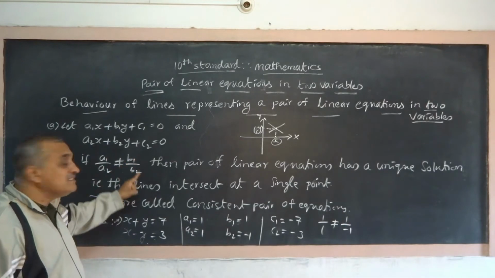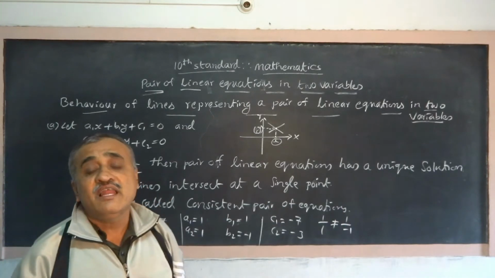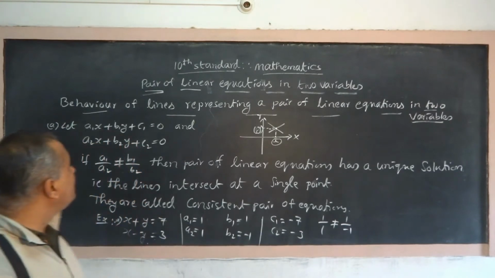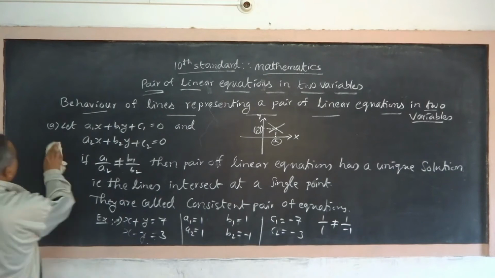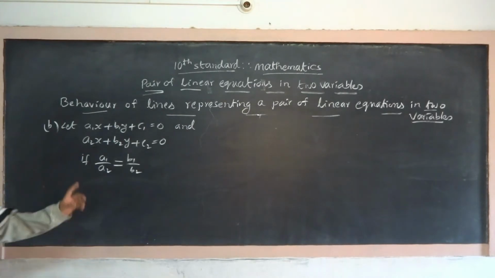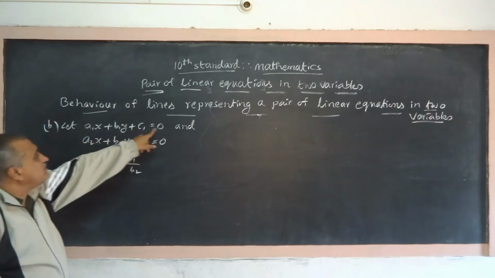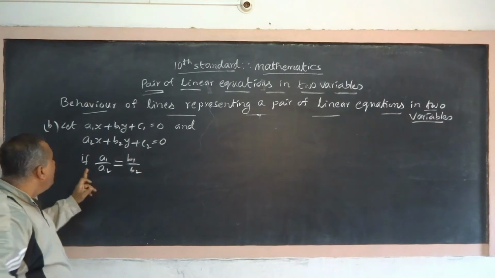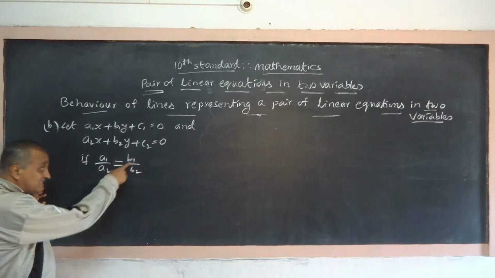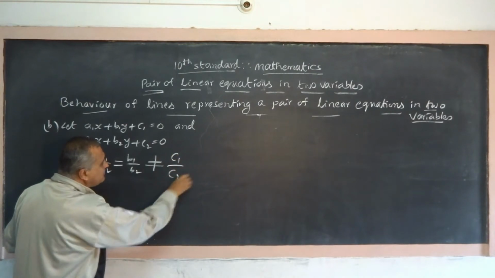If a1 by a2 is not equal to b1 by b2, then they are a consistent pair of linear equations. Now let us take the second one. In the second condition, let a1x plus b1y plus c1 equals 0 and a2x plus b2y plus c2 equals 0.